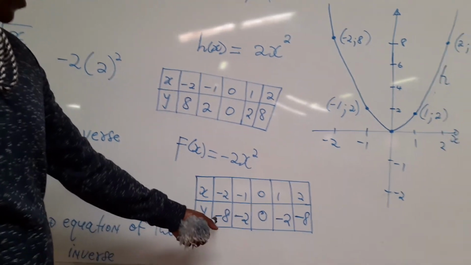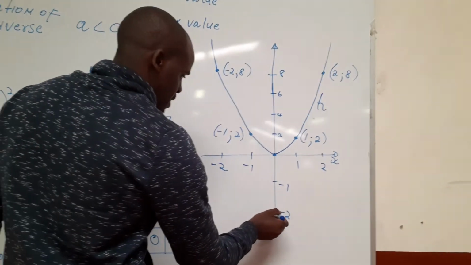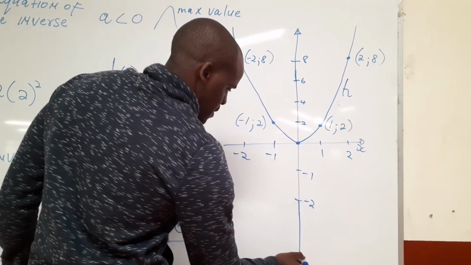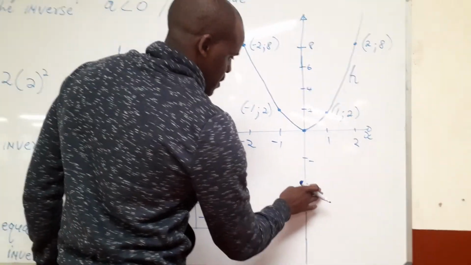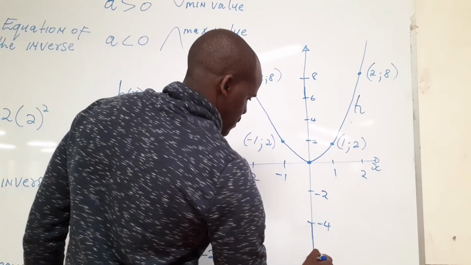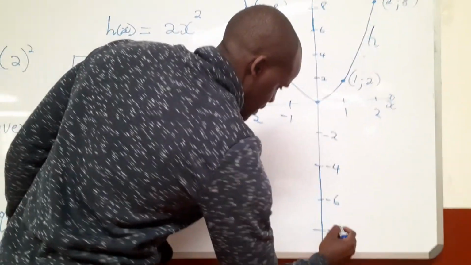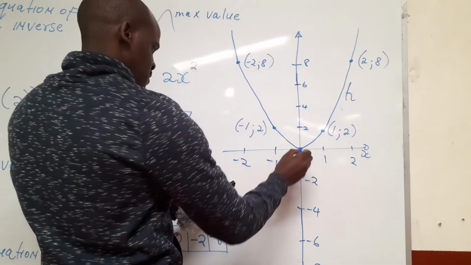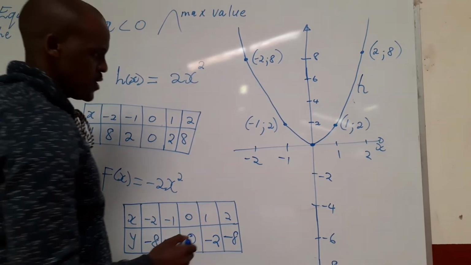Right, let's sketch this graph using the same Cartesian plane. Let's say here we have -2, -4, -6, and -8. Right. We have 0 to 0. We have -1 is to -2.